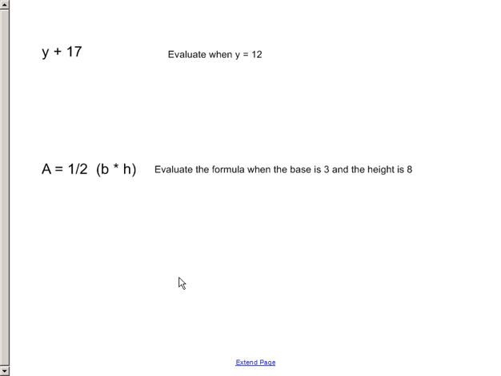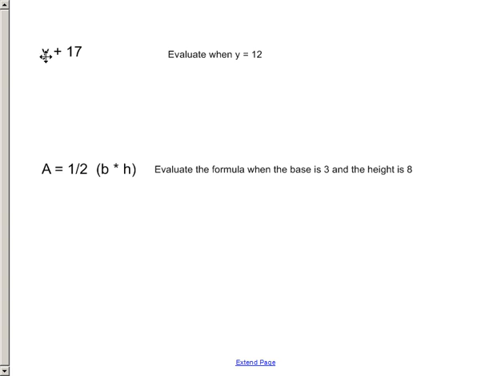So another target for this chapter was evaluating expressions. Here's an example of an algebraic expression. When we evaluate an expression or a formula, we find the value of a variable when other values are given. So in this case, the direction tells us to evaluate when y is 12.